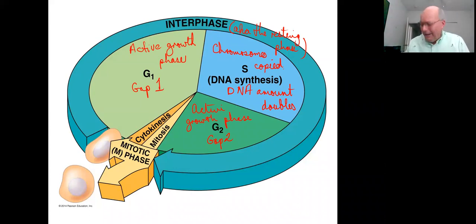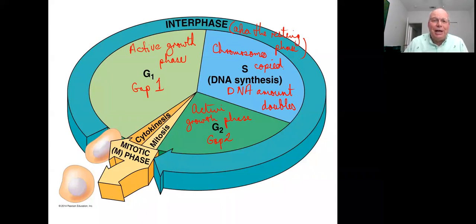So in the active growth phase G1, here the cell is recovering from cell division. It's increasing the amount of protein, the amount of membranes. The mitochondria would be replicating here. In plant cells, the chloroplast would also be replicating in this period.